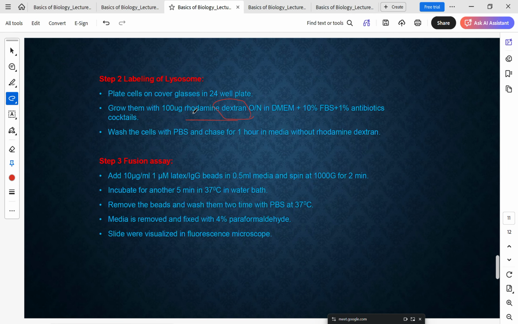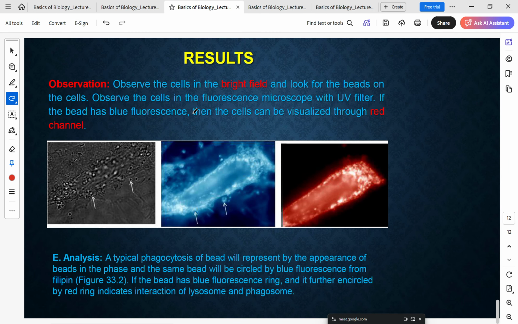You can then stain them, and what you will observe is something like this. You're going to observe the bright field to locate where the beads are. You are going to observe the blue channel to locate the cholesterol because you have added Filipin to the mixture, and then you will observe the red channel to observe the rhodamine dextran.